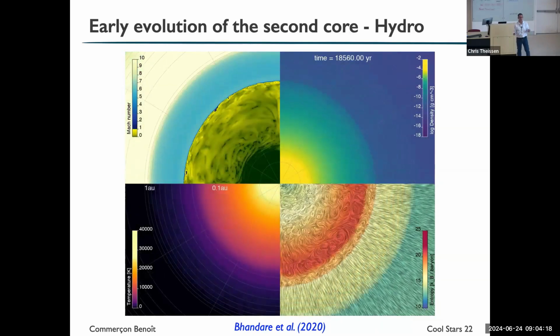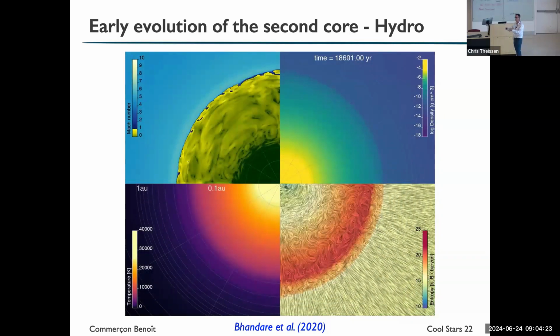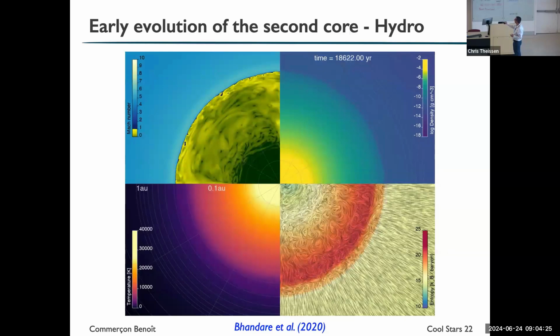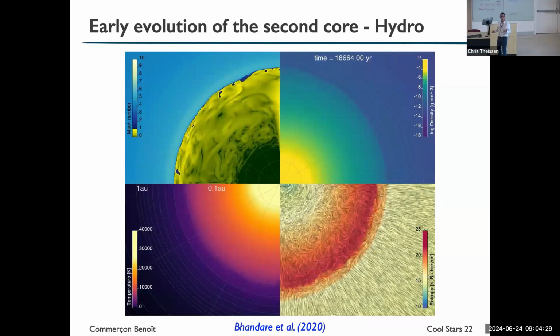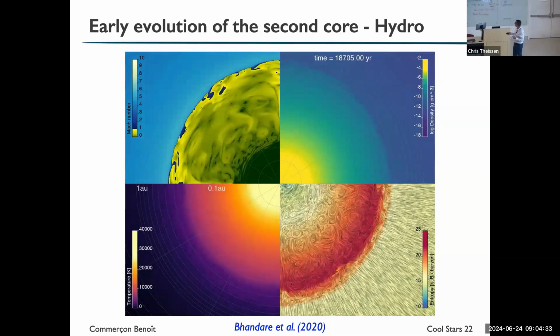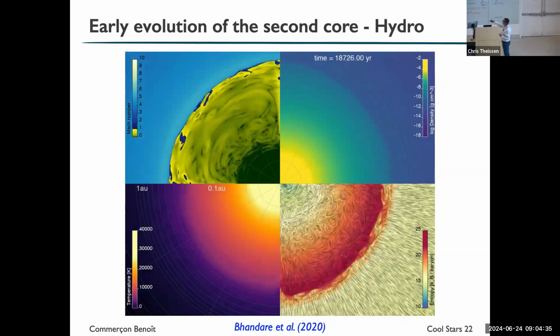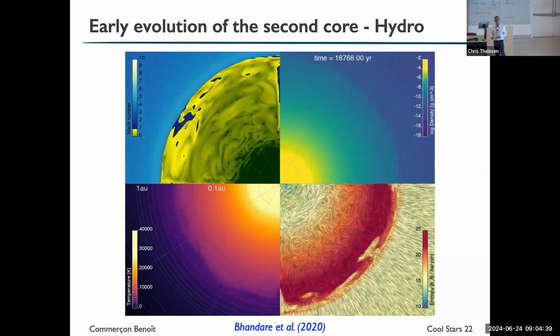It's because the Kelvin-Helmholtz timescale is much longer than the accretion timescale, so it has no time to radiate the accreted energy. And you see the development of turbulent motion within the second core, even here in this spherical case. Okay. So we think that this turbulent motion is triggered, so sustained, by the continuous accretion onto the second core.